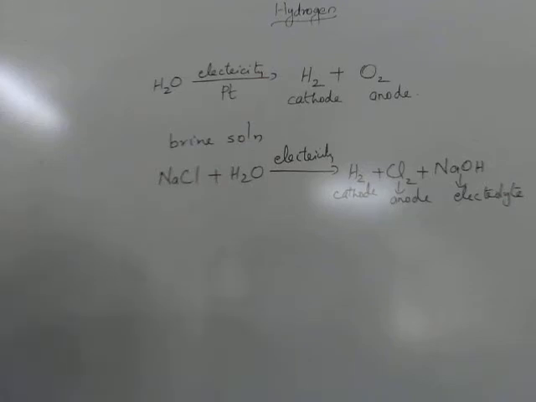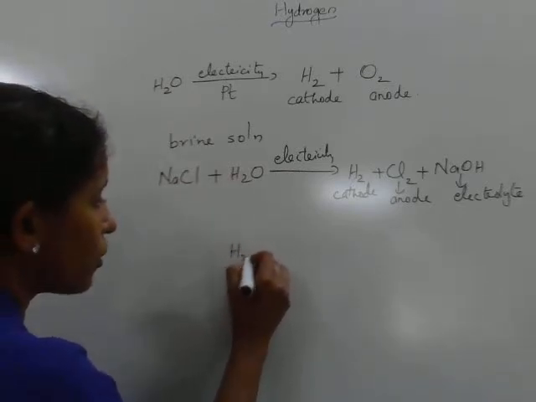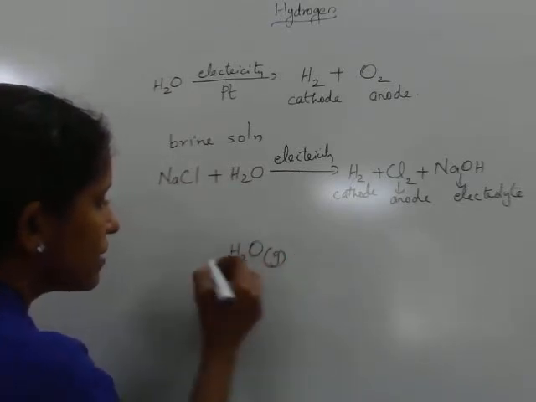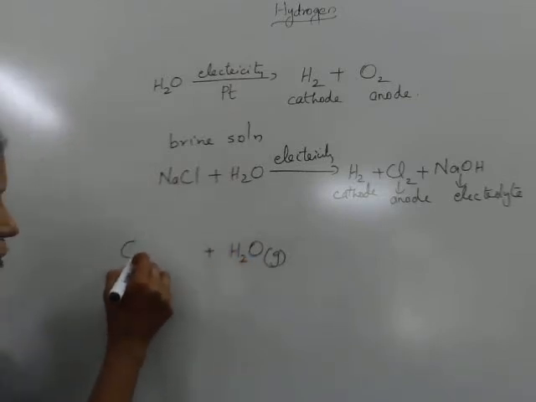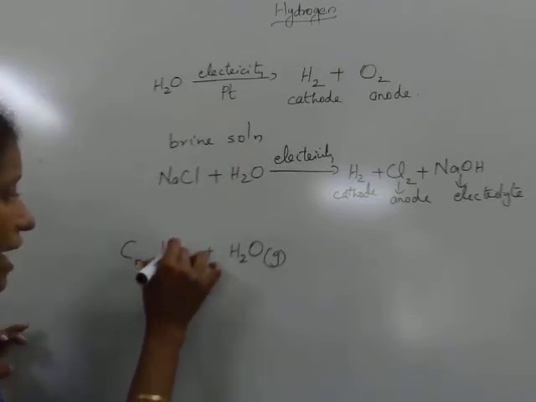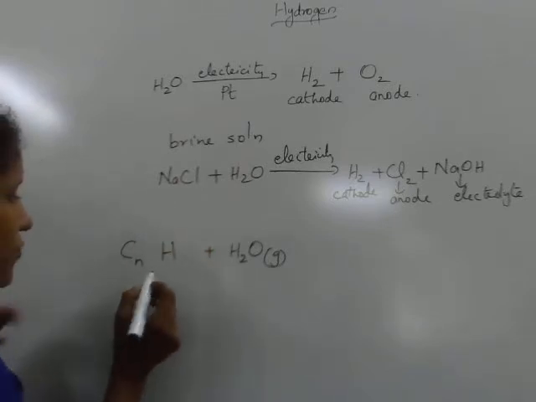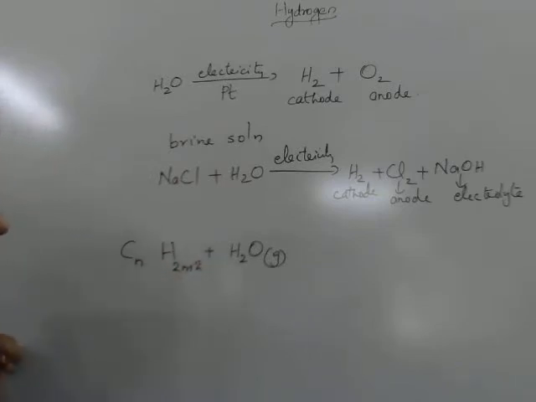Now we have another method to prepare dihydrogen on a large scale, that is reaction of steam on hydrocarbon. Hydrocarbons contain carbon and hydrogen only. The general formula of an alkane is CnH2n+2.